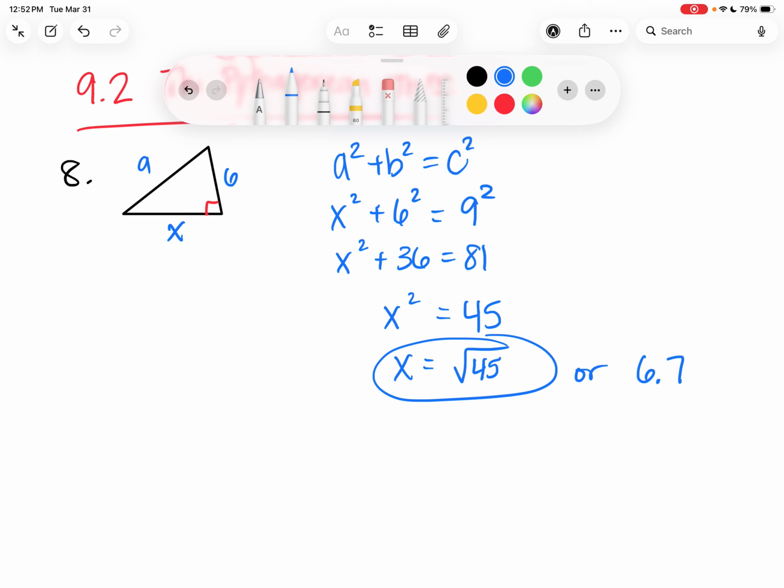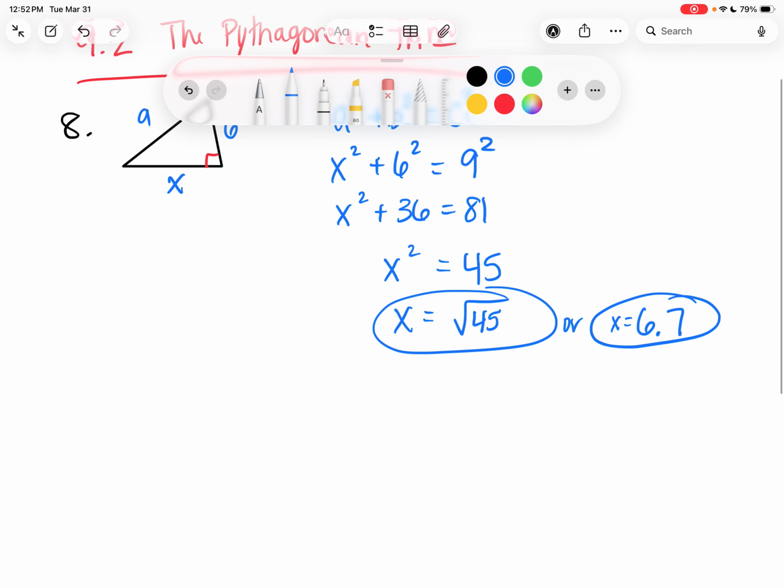Is it actually, or are you joking? Yeah, it's actually 6.7. Just making sure. So either of those ways to write it are fine. Anyways, like I said, this stuff should be pretty easy.